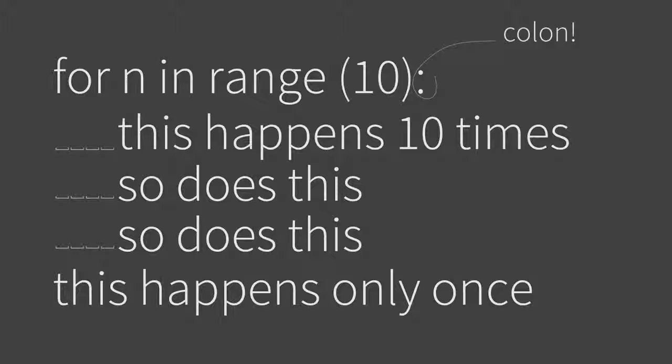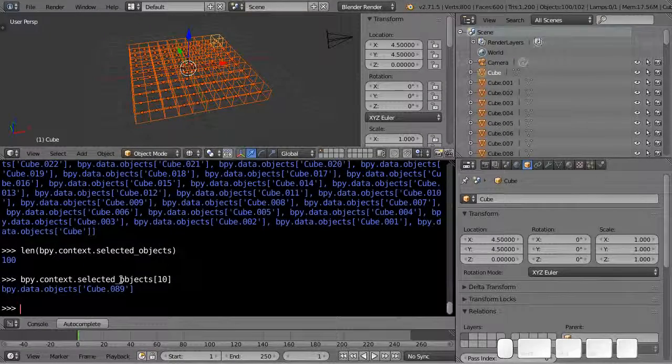The body of the loop is inside the indentation level. You can indent it with spaces or tabs, it just has to be the same exact indentation, and that defines what's going on inside the loop.